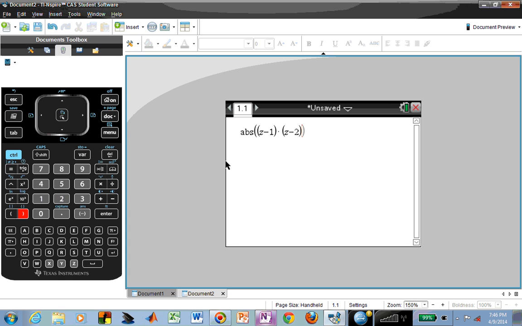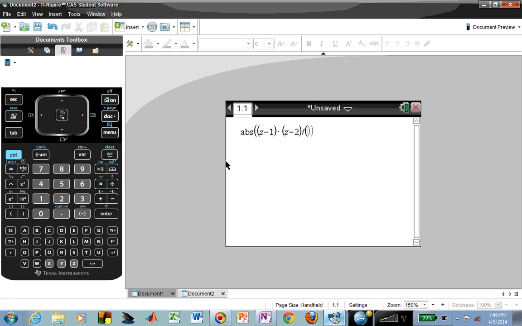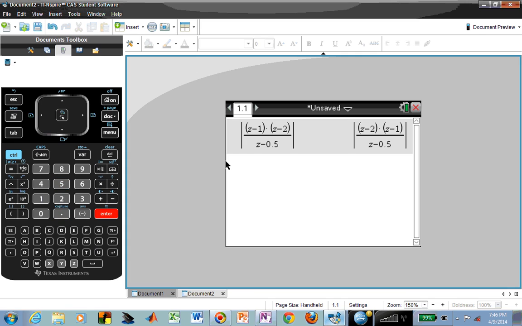Those are my numerator factors due to the poles. And then downstairs, I have my factor due to the zero. That's the expression that I want to be using, but I want to evaluate that at different values of z and try to find a relative maximum.